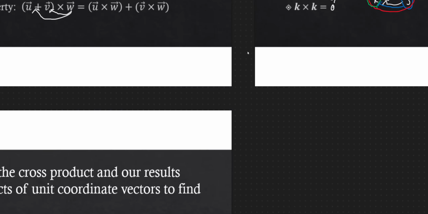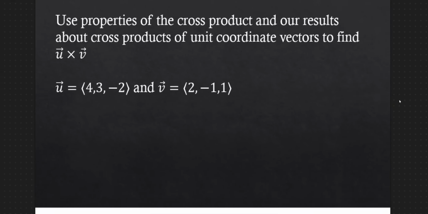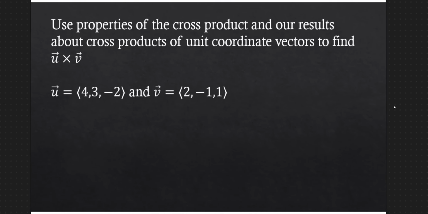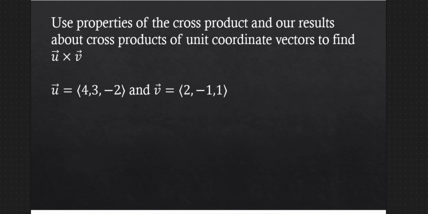So what this means is we can take our two vectors here, u and v, that we want to compute the cross product of, and we're going to first write them as sums of multiples of unit coordinate vectors. Do you remember how to do this? To break down a vector into i, j, and k's, and a sum or subtraction of these.